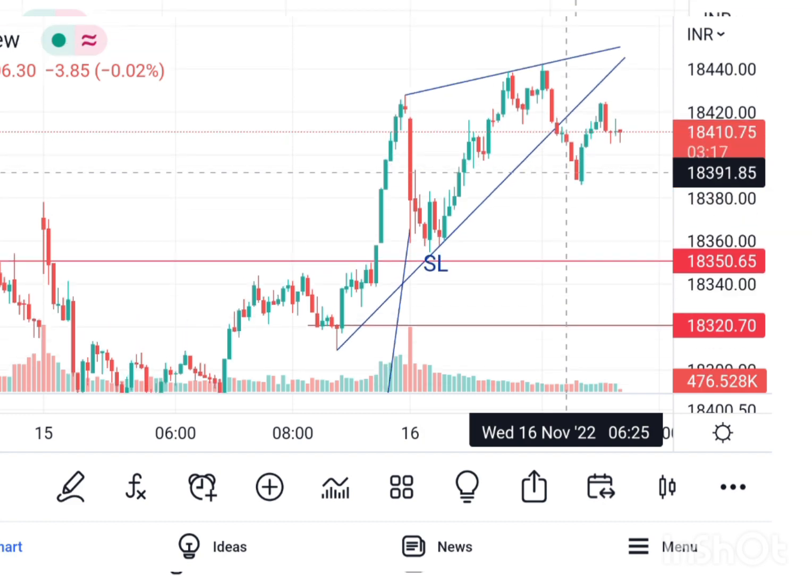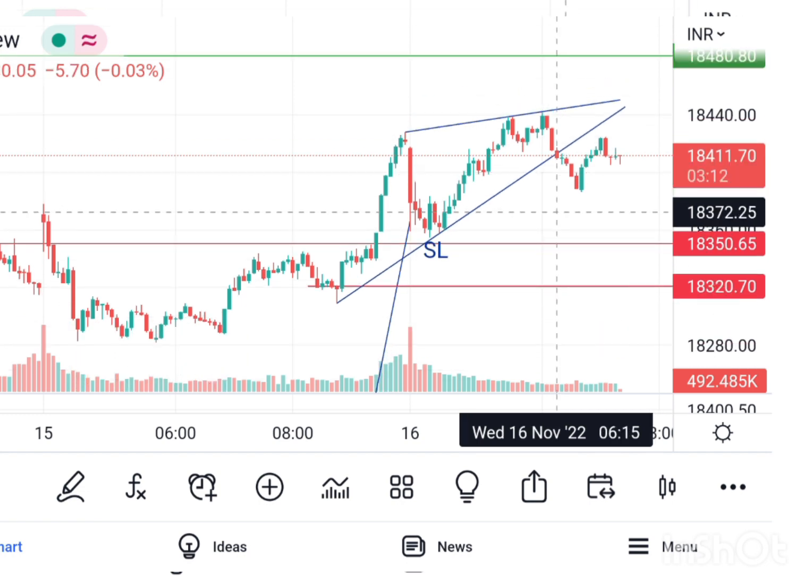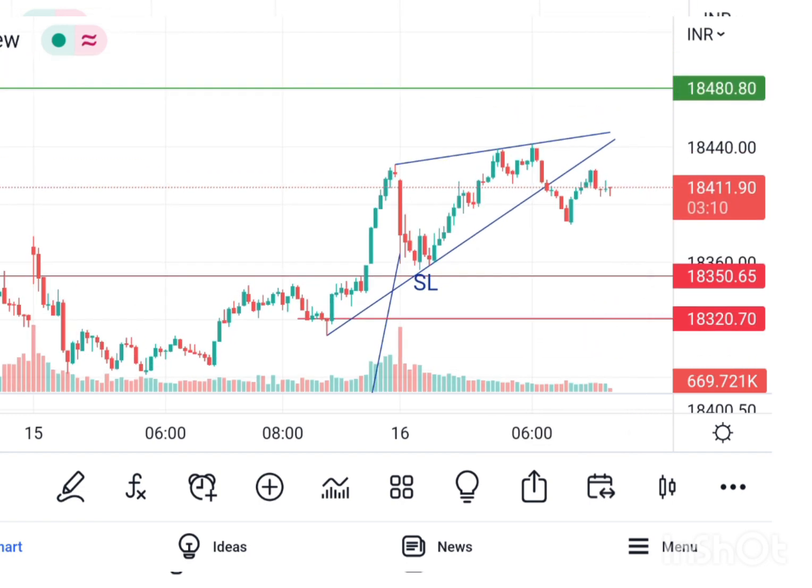The reason that I held on to this trade was I have a feeling that it will touch 480, or it will go towards 500, because there is a vital weekly resistance line.